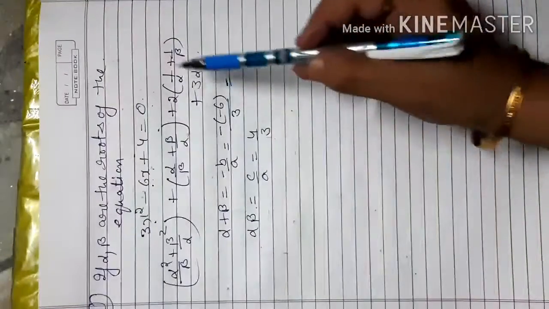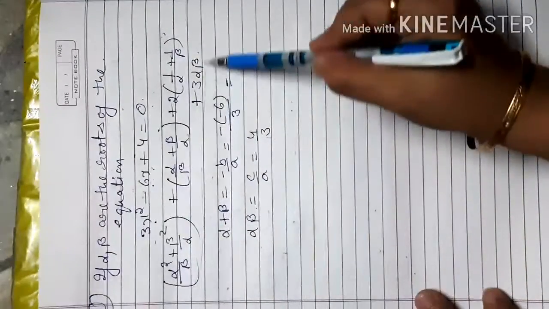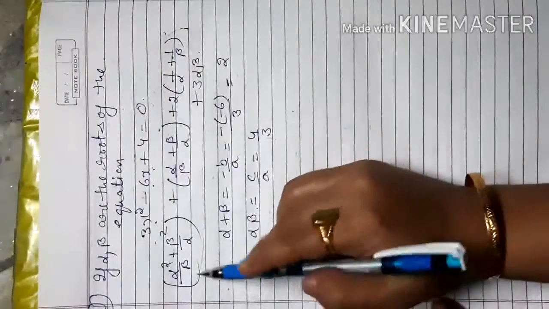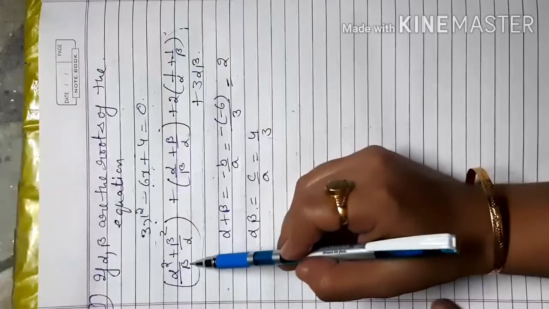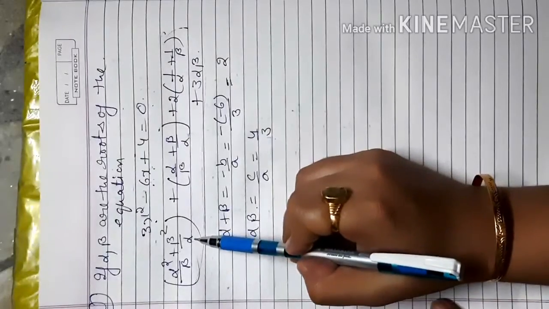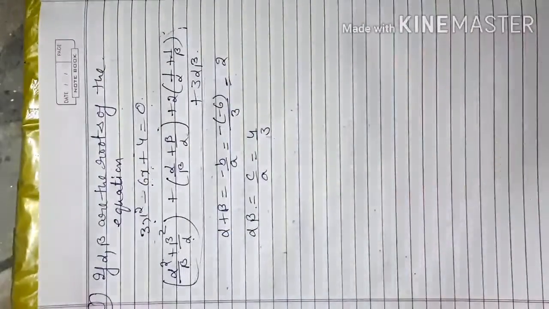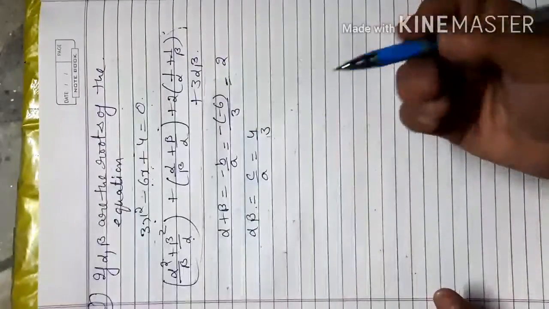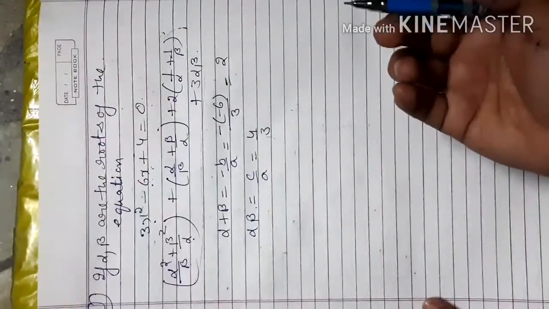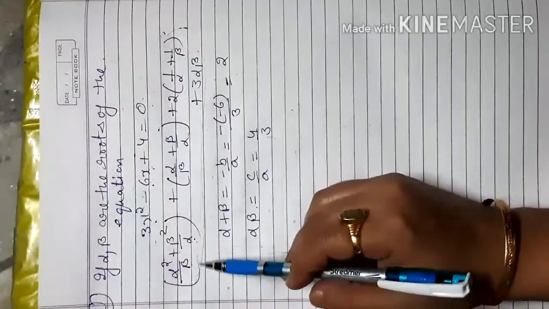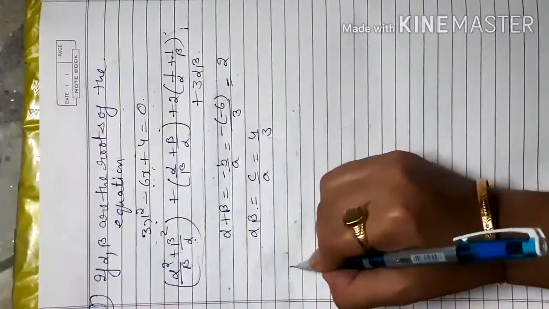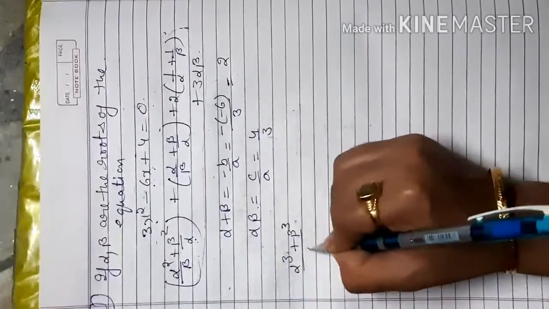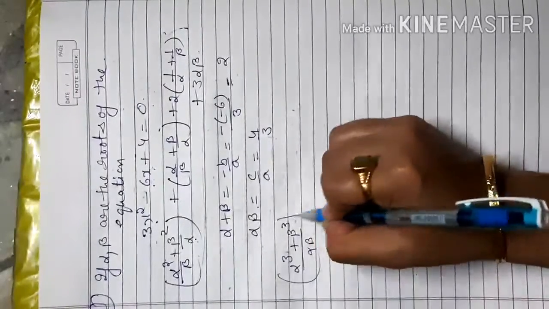Now first I will simplify this expression into alpha plus beta and alpha beta form. Because we no need to find alpha and beta separately, we have to arrange this equation in alpha plus beta or alpha beta form. So first I will take the LCM of this, that gives me alpha cube plus beta cube, and denominator is the combination of alpha beta.